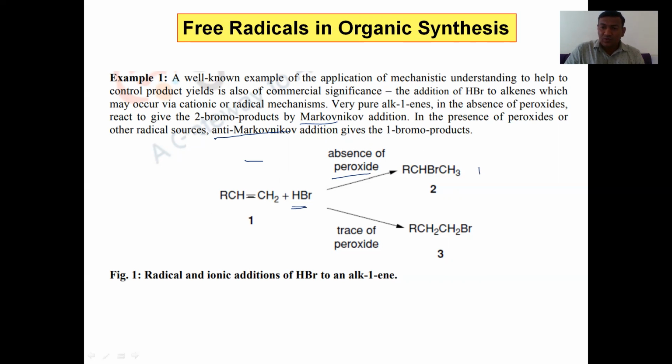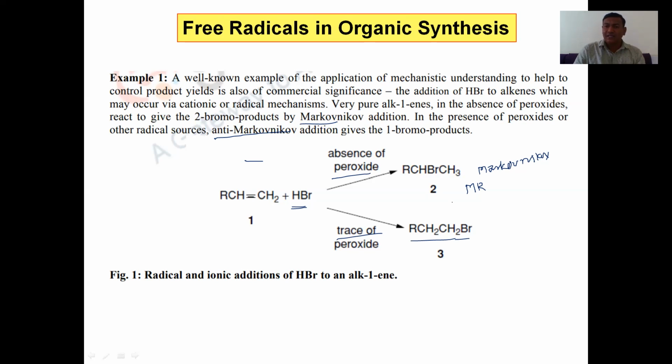This 2-bromo product, you get by the Markovnikov rule, or in short we write the MR rule. And if we use a trace of peroxide, there will be a peroxide mechanism, and due to the stability of the radical formed, there will be the 1-bromo type of product.